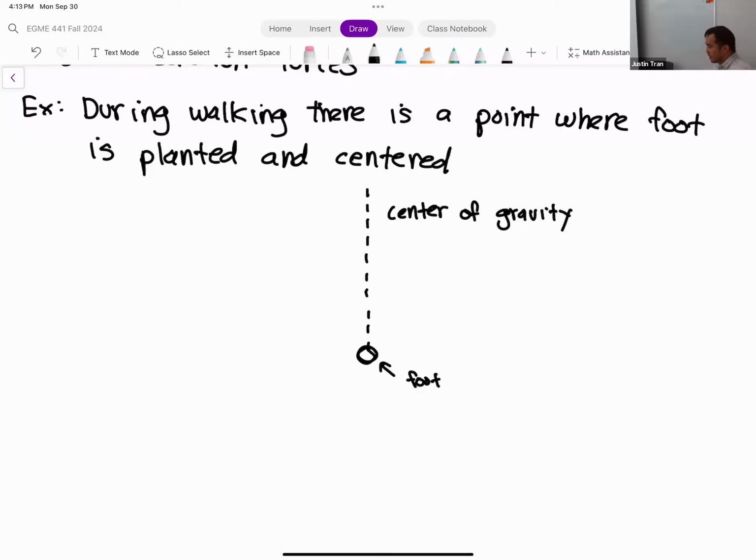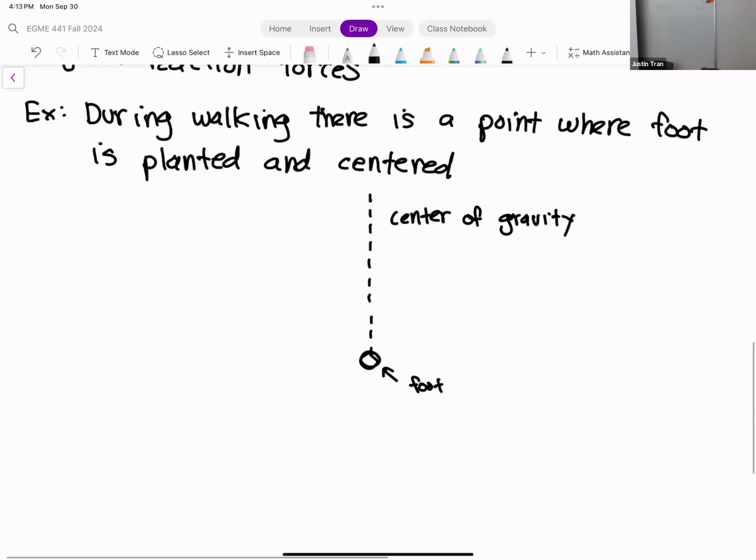But because our hip joint is off to our side, our leg does a little something like this. I'm going to exaggerate it a bit just for the figure, but there's always some kind of slant or lean to it. That's quite a bit exaggerated, but you get the point. So up here is the hip joint.